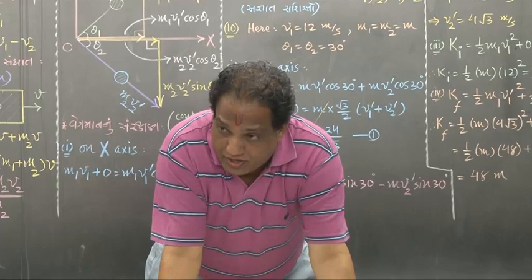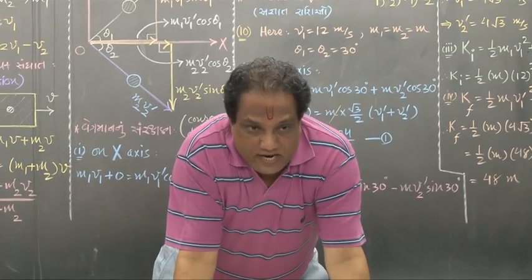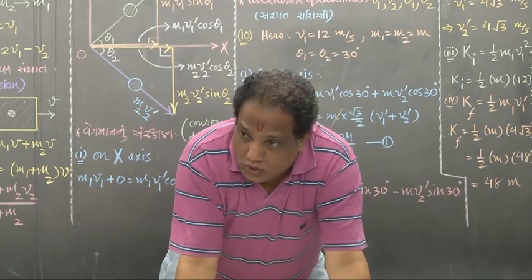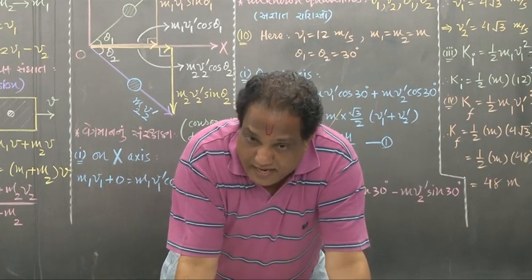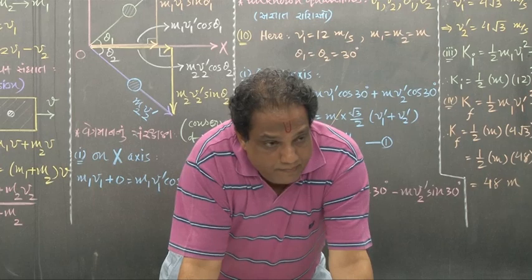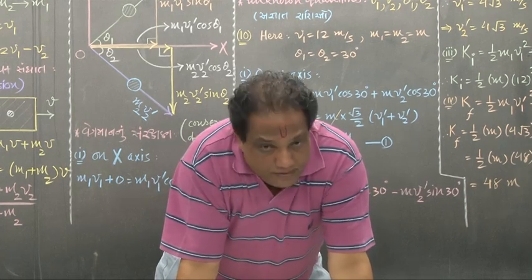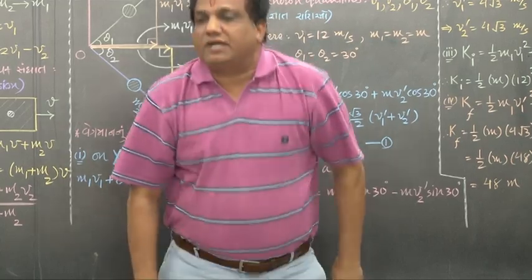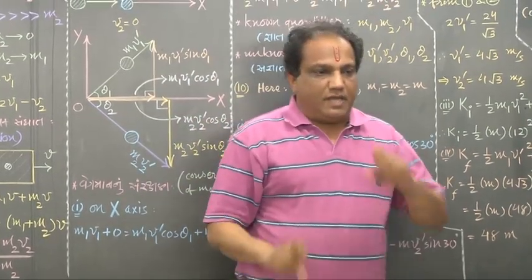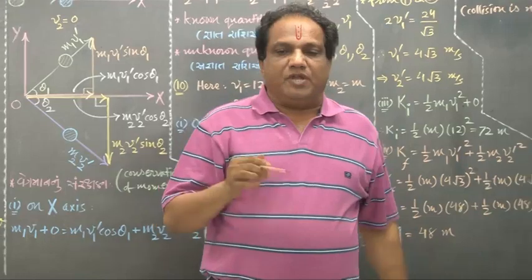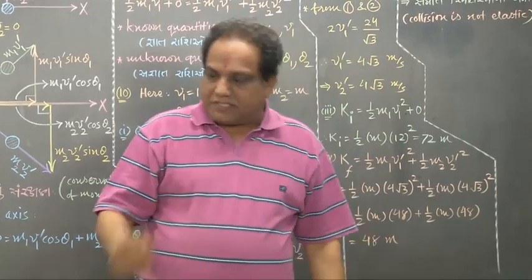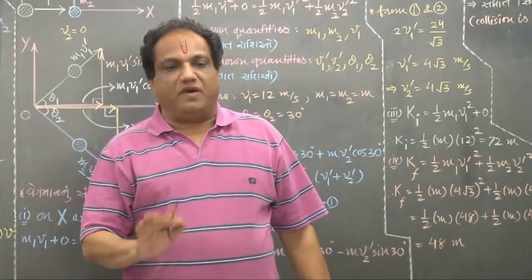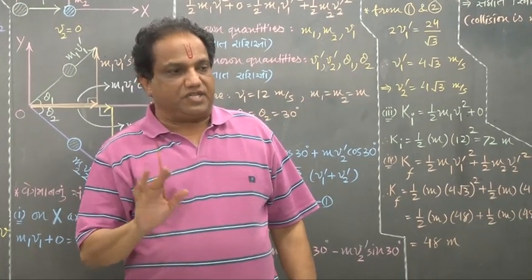Whenever any body collides with another body, the collision may be elastic, may be partially elastic, may be inelastic. So there are three types of collision: perfectly elastic, partially elastic, and perfectly inelastic.